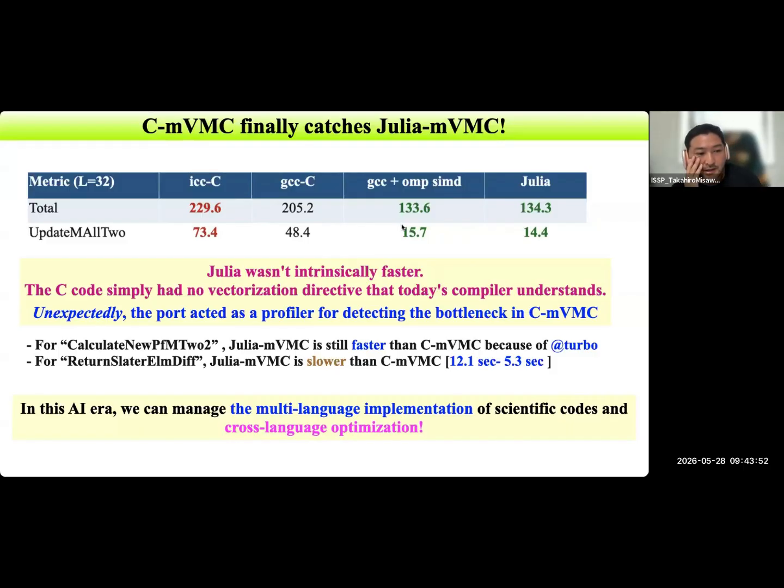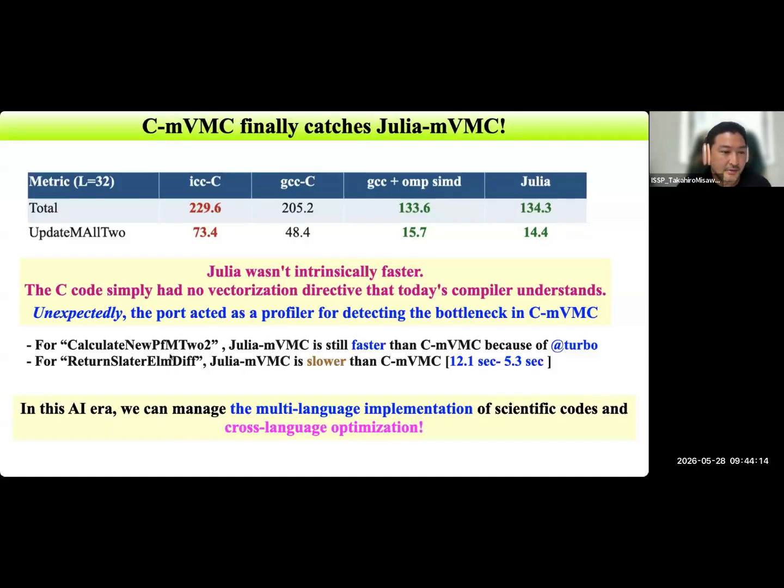This result indicated a very unexpected outcome: the implementation in a different language acted as a profiler for detecting the bottleneck in C MVMC. But I want to note that Julia is not always faster.